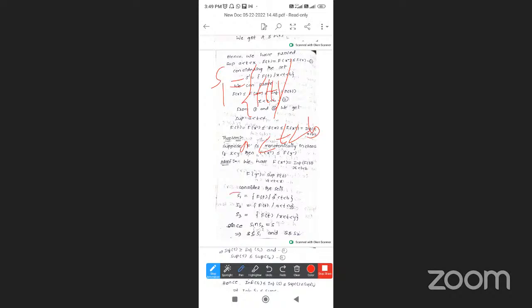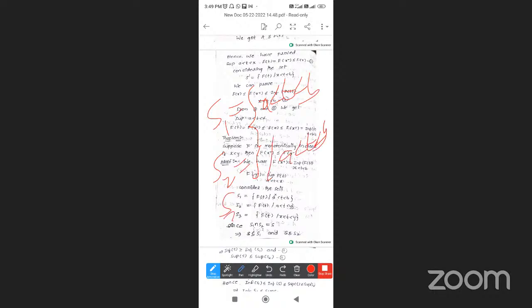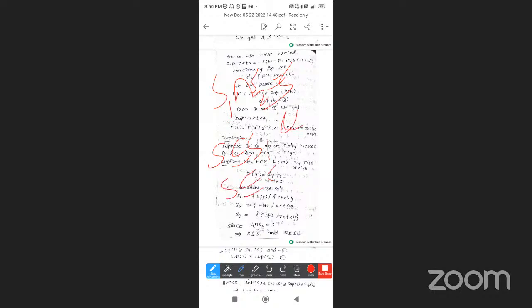S2 is equal to f of t, a is less than t is less than y. S3 is equal to x is less than t is less than y. That is an intersection: S1 intersection S2 is equal to S. S is a subset of S1 and S is a subset of S2.